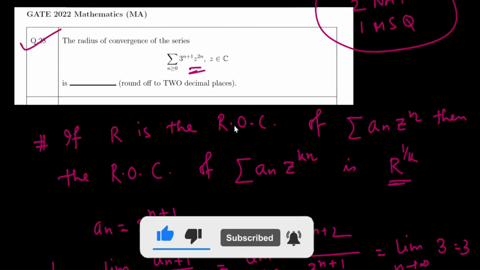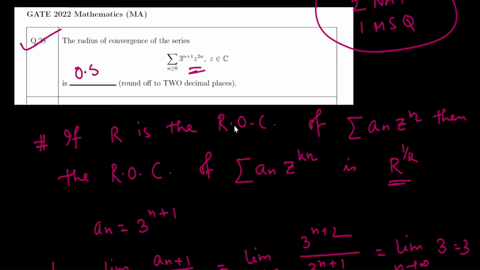So the radius of convergence of the given series is 0.58. This is the correct answer for this problem.